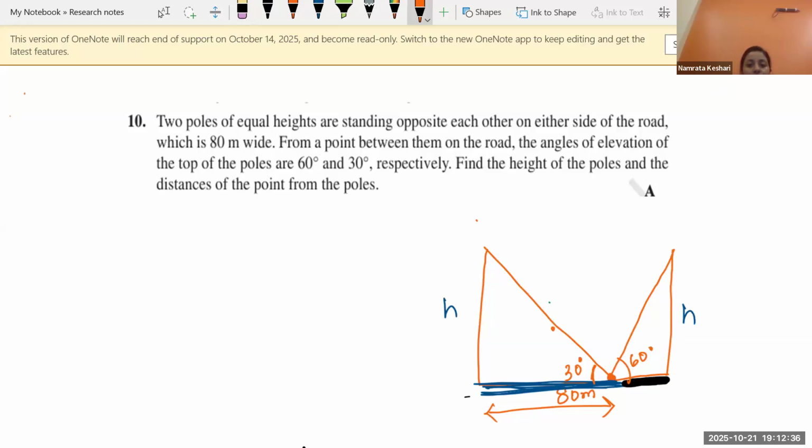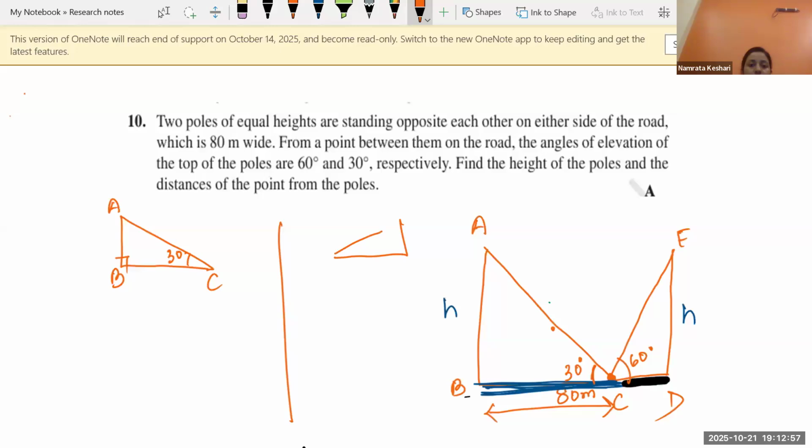Now let's take the trigonometric ratios and the triangles. So A, B, C, D, E. Again, you have two triangles. One triangle is ABC, another triangle is CBE.